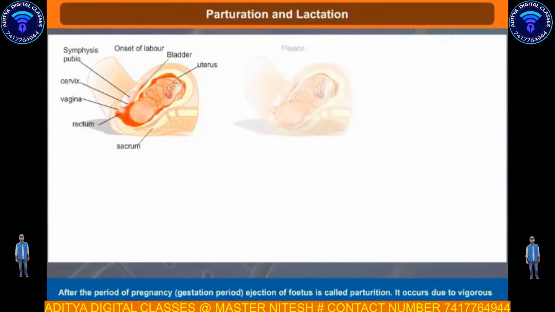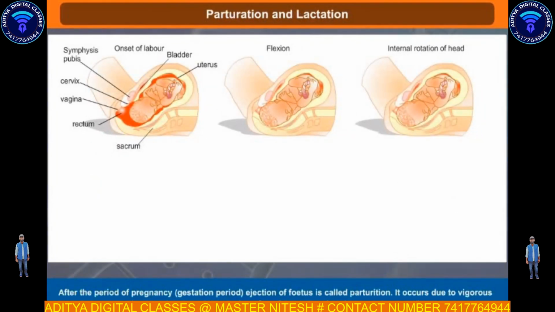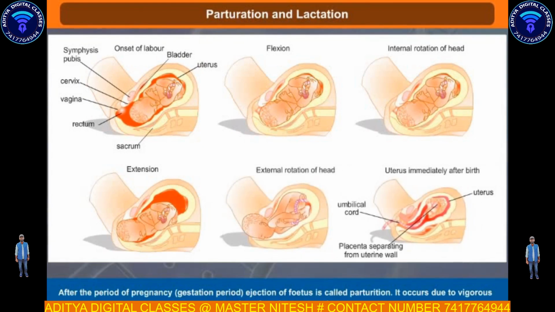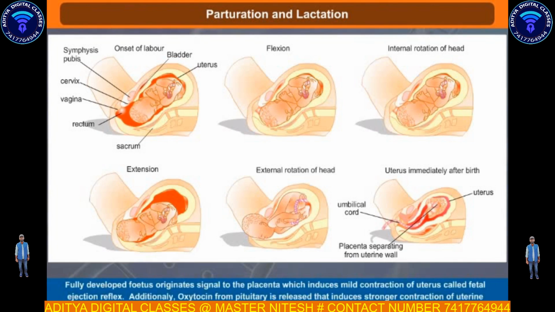After the period of pregnancy, the gestation period, ejection of fetus is called parturition. It occurs due to vigorous contraction of uterine myometrium. The fully developed fetus originates a signal to the placenta, which induces mild contraction of uterus called fetal ejection reflex.